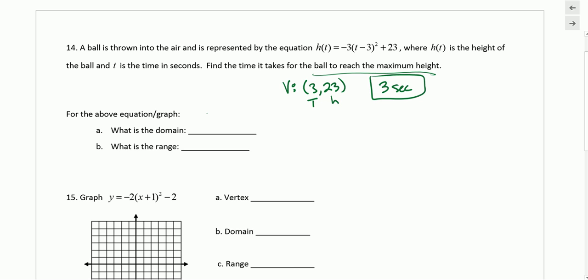Does it make sense to talk about where the ball is after it lands? Sure. So we could say as long as time is greater than or equal to 0.